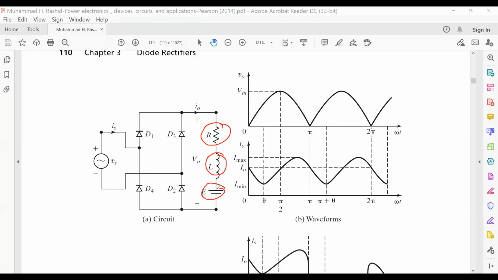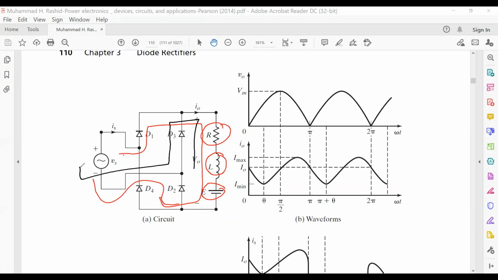So in the steady state case, we are thinking that for the positive half cycle current will go this way, come back this one. And for the negative half cycle, current will go this way.